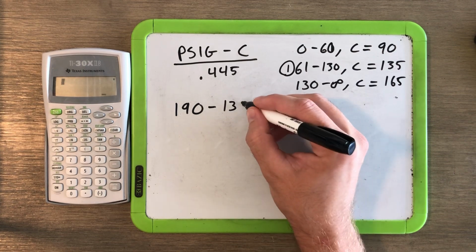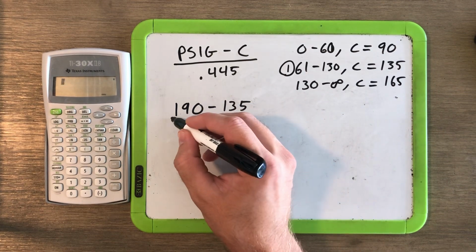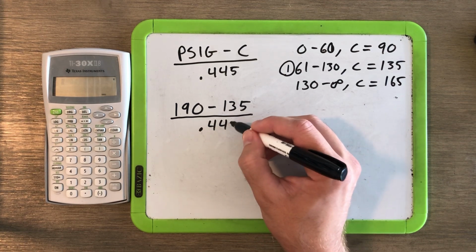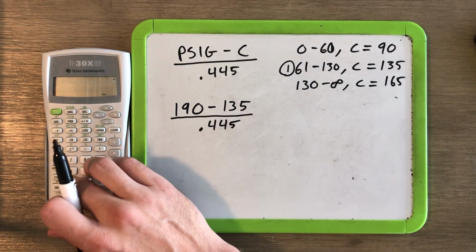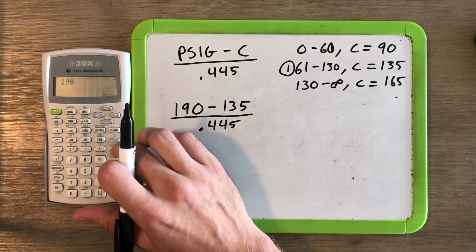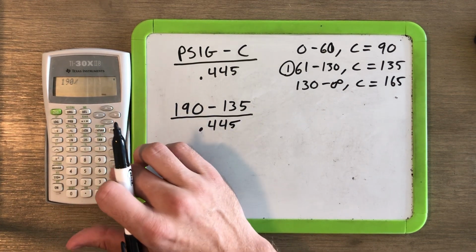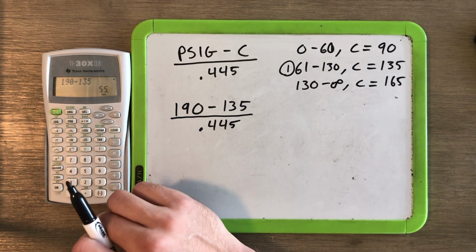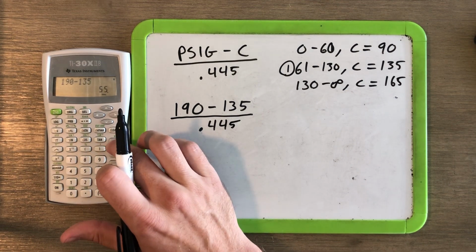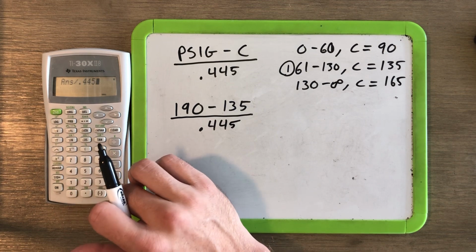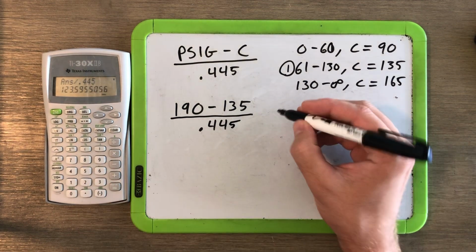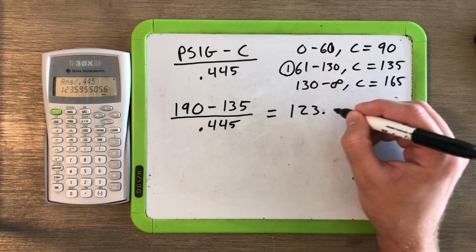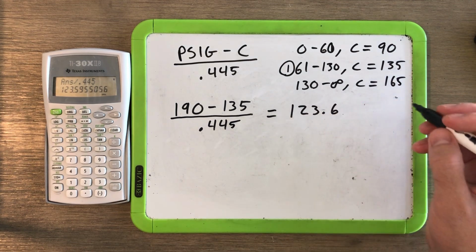We subtract that from here, and then we divide by 0.445. So 190 minus 135 equals 55, divided by 0.445 equals 123.6.